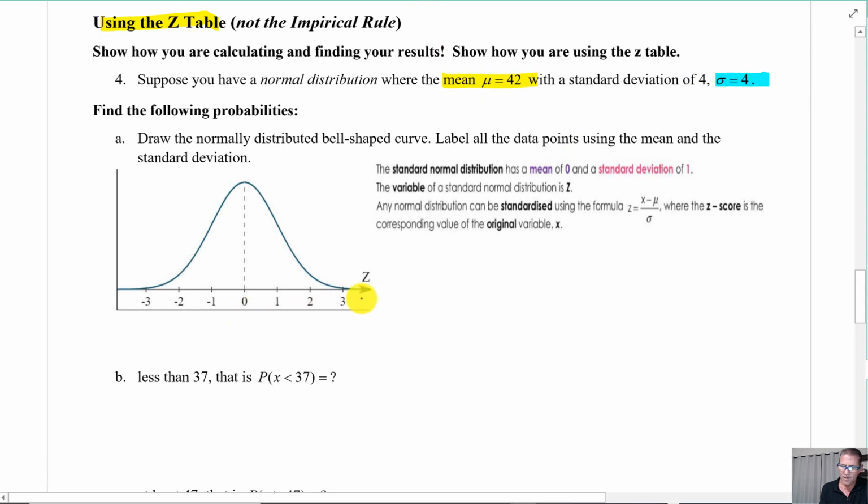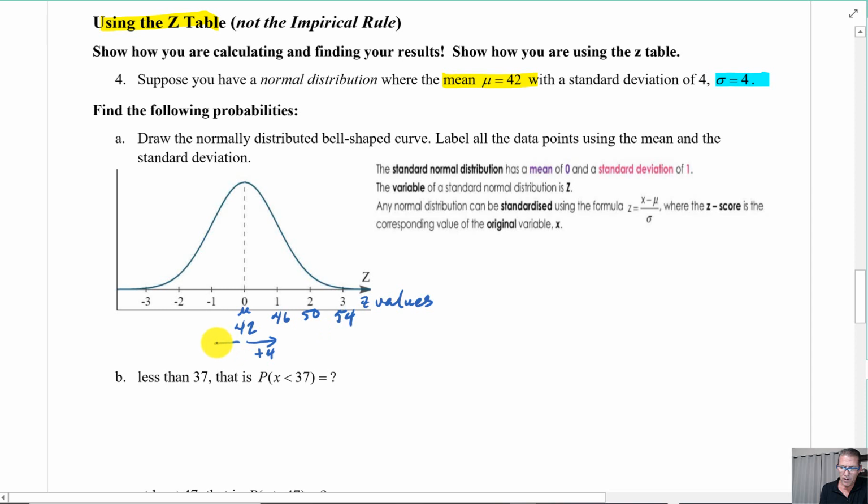So these are the z values that are in the graph. Let's say we have a mean mu of 42 that corresponds to the standard normal of 0, and a standard deviation of 4. If we add 4, we get the scores of 46, 50, and 54.